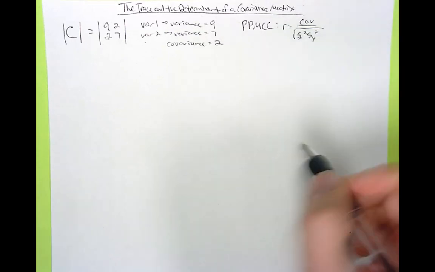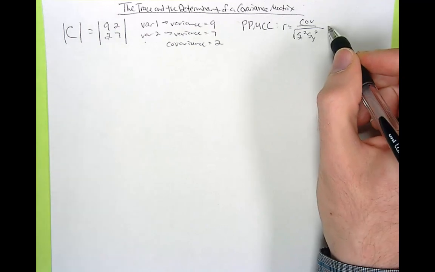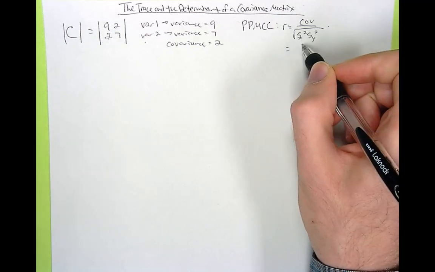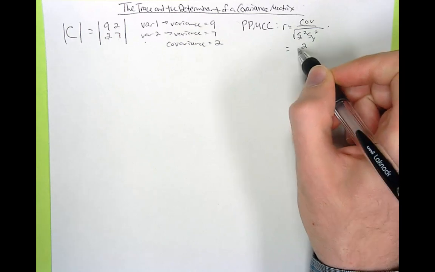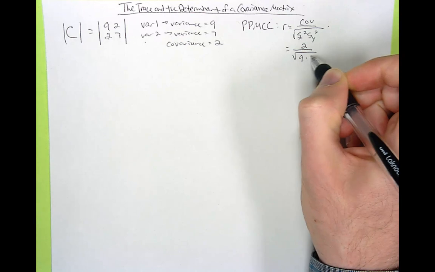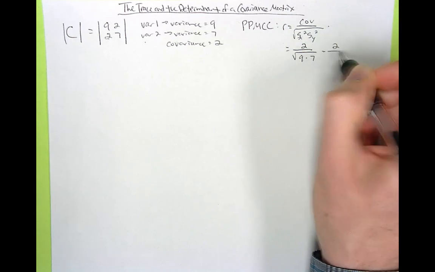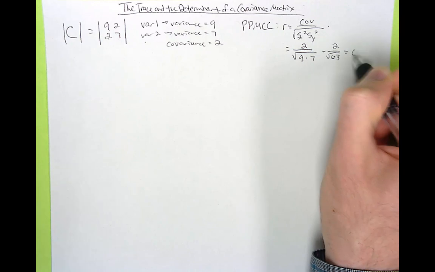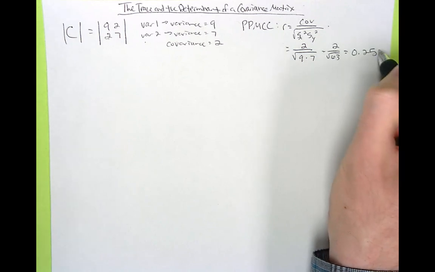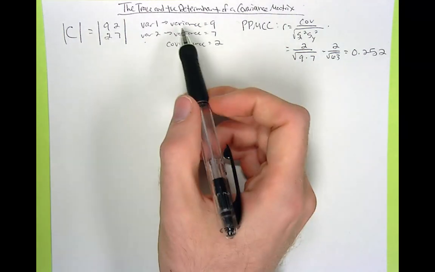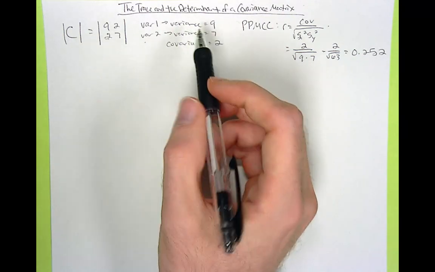In this case the covariance is 2 divided by the square root of 9 times 7. So 2 over the square root of 63, which equals 0.252.